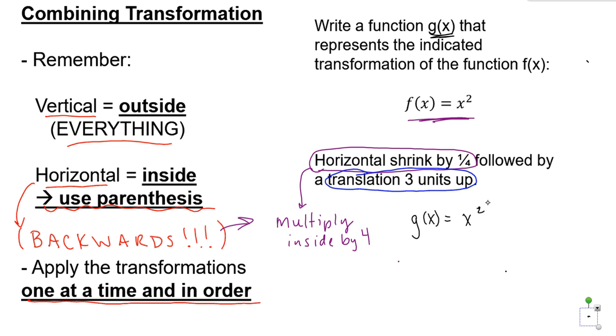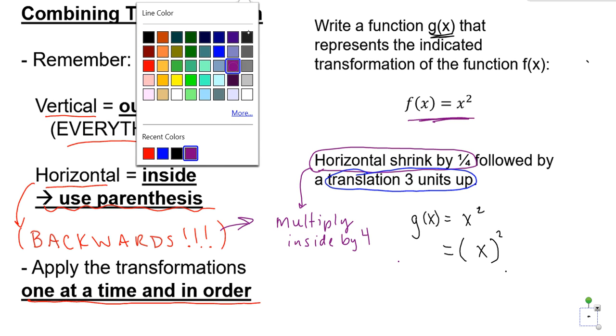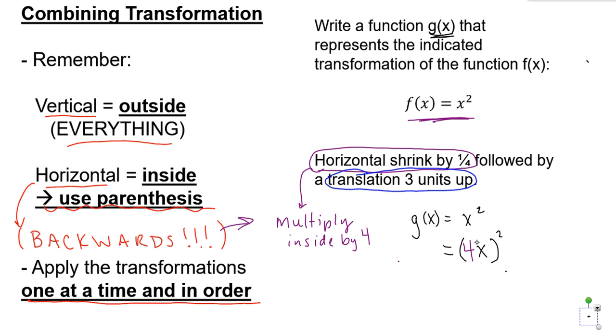So we're going to replace that x squared with parentheses squared and the x inside, and I'm going to throw that 4 and multiply inside by that. So the change I've made is I took this x and I replaced it with 4x. I put parentheses on there to show that it's 4 and x inside now, raised to the second power, and not just 4 times x squared.